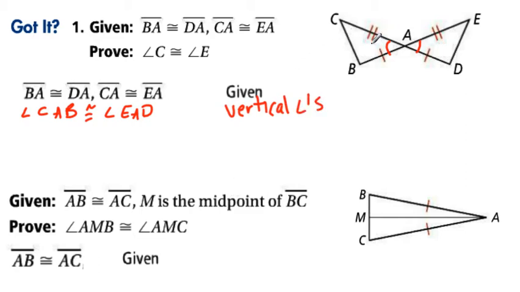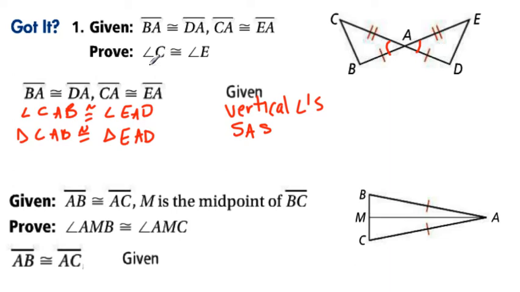So now we have 3 pieces of information, right? So we can say triangle CAB is congruent to triangle, let's see, CAB, EAD, excuse me, EAD. Why do we know that that's true? Well, we have side, angle, side, right? So that's the side, angle, side triangle congruence theorem.